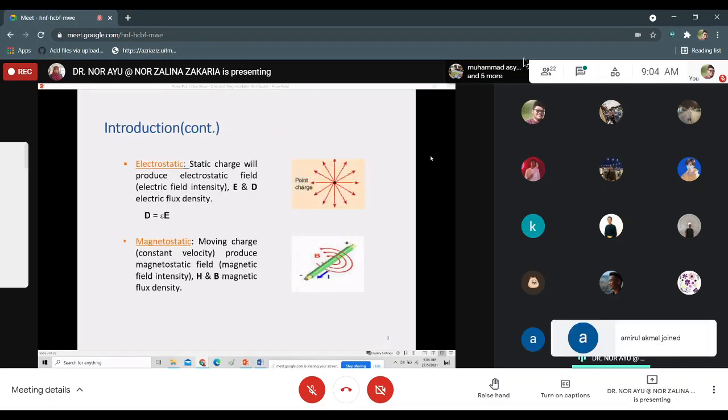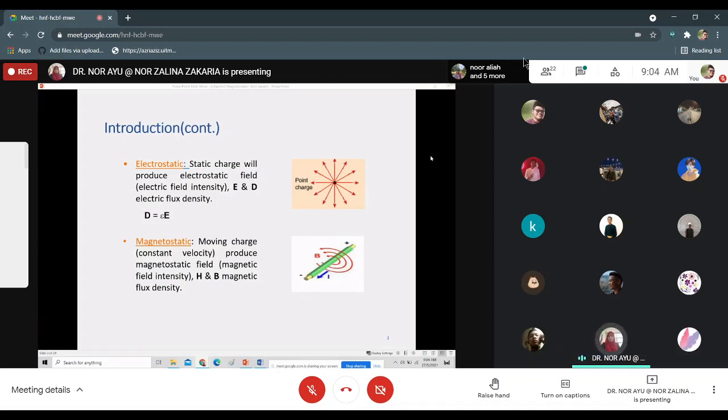So before this, electrostatic: static charge produces the electrostatic field, or electric field intensity E, and from there you can find the electric flux density D, where you know that D is epsilon E. But for magnetostatic, we consider a moving charge instead of a static charge.